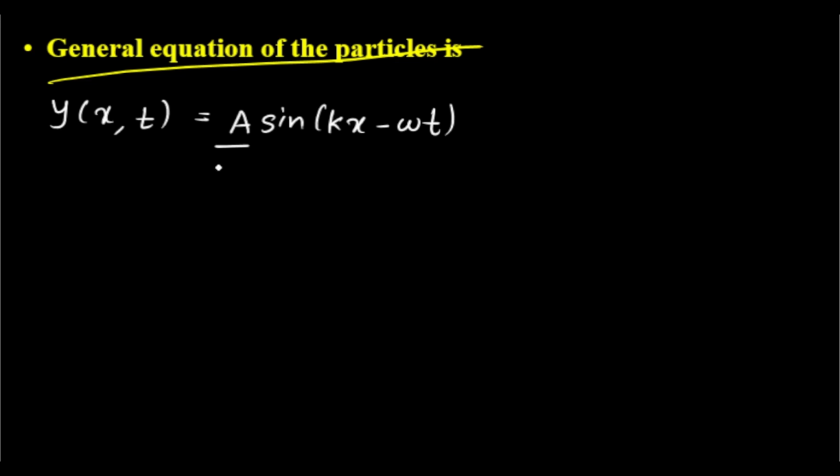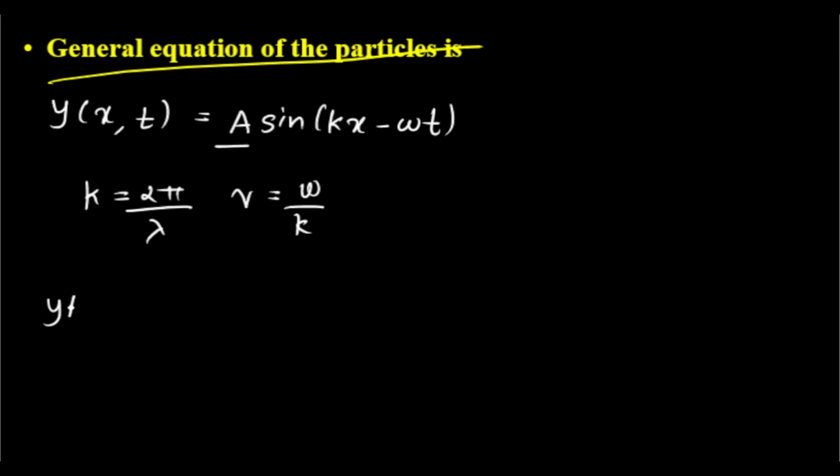Now, the general equation of a wave. What is the general equation? It is y is a function of x comma t, equal to a sine (kx minus omega t). A is the amplitude, k is equal to 2 pi by lambda, which is the wave number, lambda is the wavelength, omega is the angular frequency, and v is equal to omega by k, which is the speed.